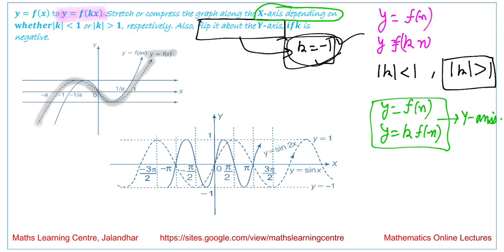So we are talking about the case when k is greater than 1. This point at 0 will remain fixed in this case. Now k is greater than 1, so we have stretched this graph along the x-axis.